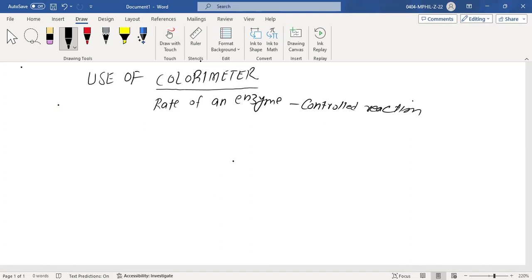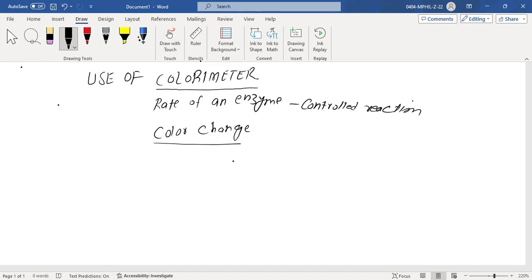Here the most important thing is color change. You should keep this concept in mind.